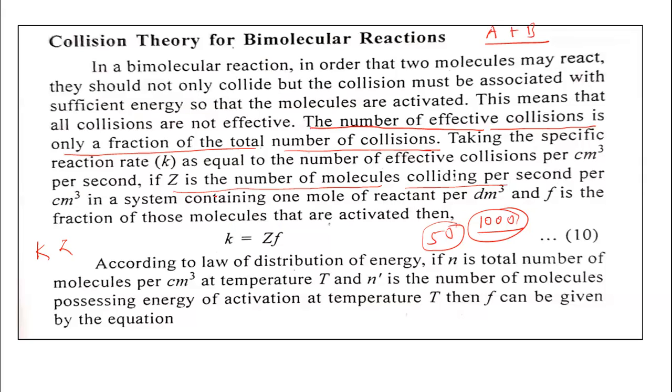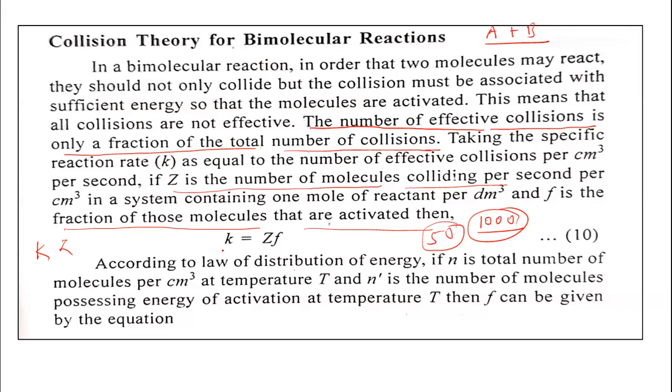Once again, I would like to repeat this. If Z is the number of molecules colliding per second per centimeter cube in a system containing 1 mole of the reactant per decimeter cube, and F is the fraction of those molecules that are activated, only a few molecules get activated.